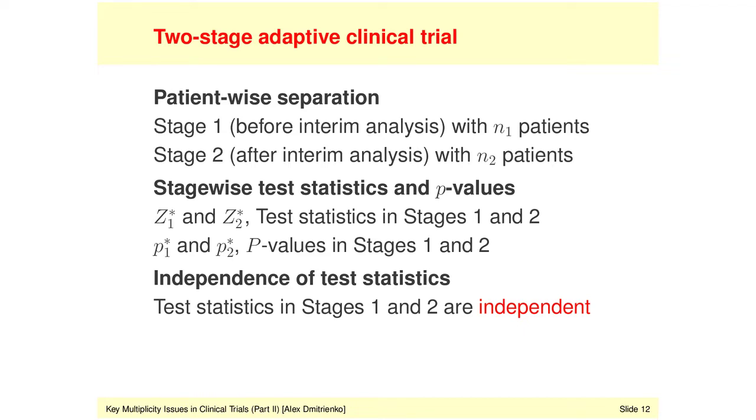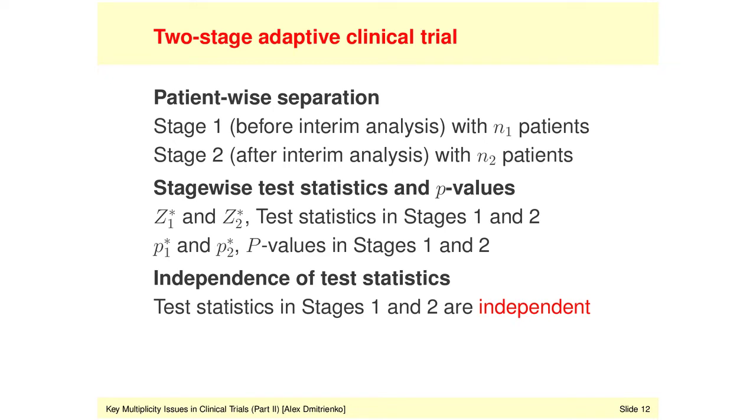To give you a quick example, in a trial with a fixed patient follow-up, for example, the length of the treatment period is 6 weeks for all patients, it is common to define the first stage as the set of all patients who complete the treatment period prior to the interim analysis, and then the remaining patients, which means patients who complete the trial after the interim analysis, will be included into the stage 2 dataset.